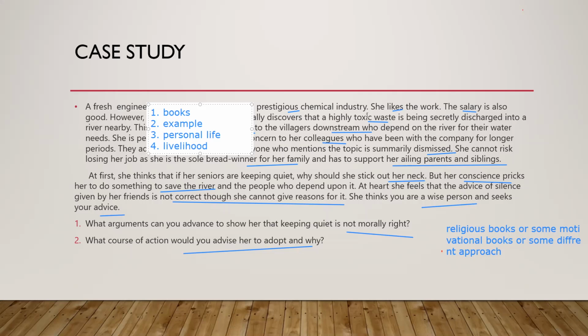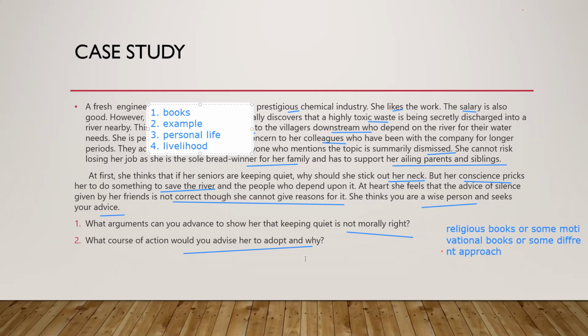Multi-dimensional answers, multi-dimensional solutions, will fetch you more marks, not the unidirectional. When you are giving an argument and you say that look, in the Gita it is said it is morally wrong, and you are stuck only with Bhagavad Gita, only with Krishna and Arjun, then the examiner cannot find diversity in that.